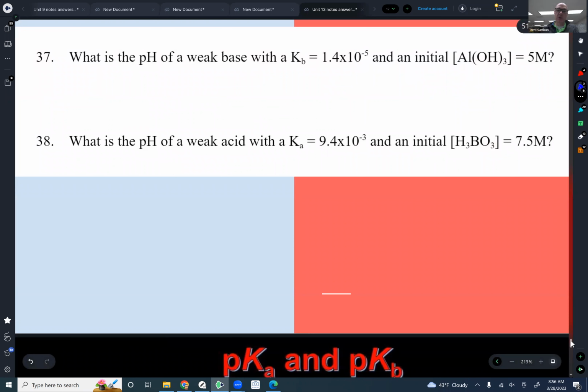Okay. So in this scenario, we've got a Kb value, and they give us the initial concentration.